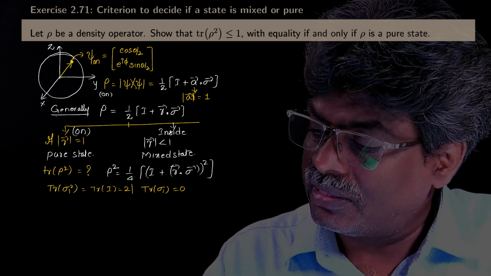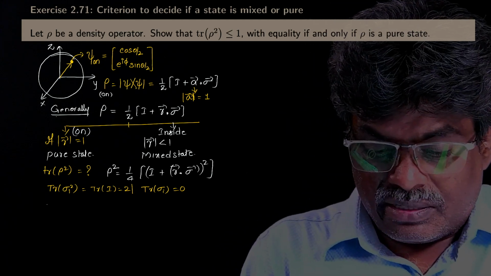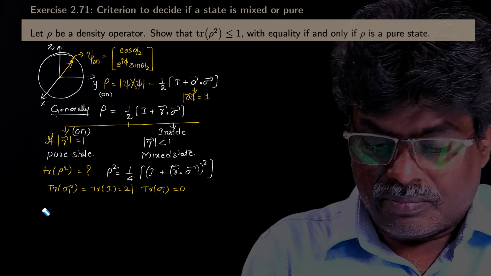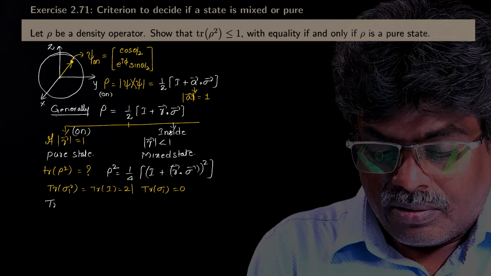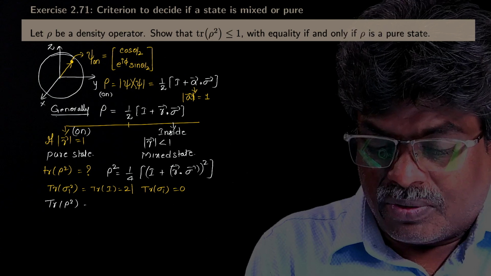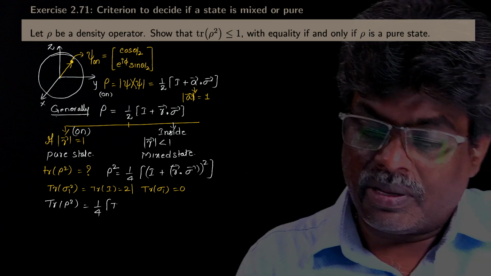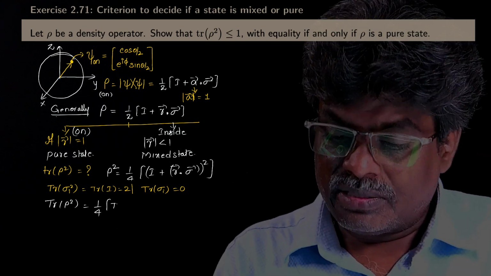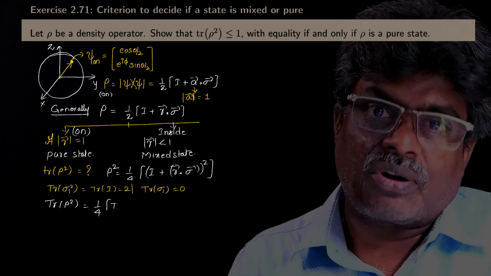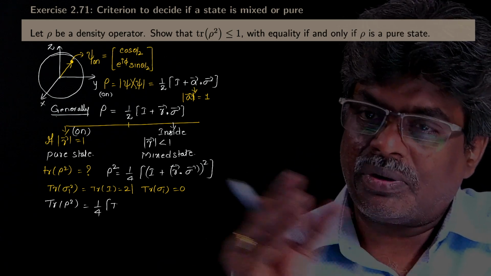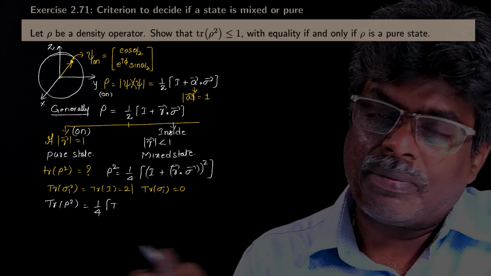So by using this, I am going to write trace of rho square equal to 1 by 4. Just I am applying this trace. That is (a plus b) whole square. I am not taking the cross terms. I am taking only a square and b square. The 2ab term I am not taking.